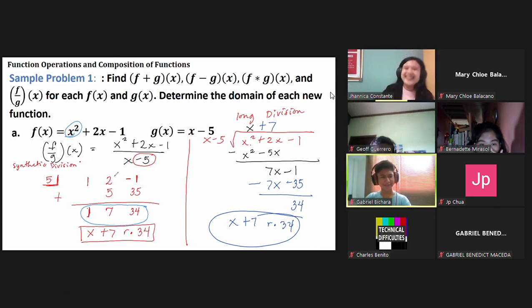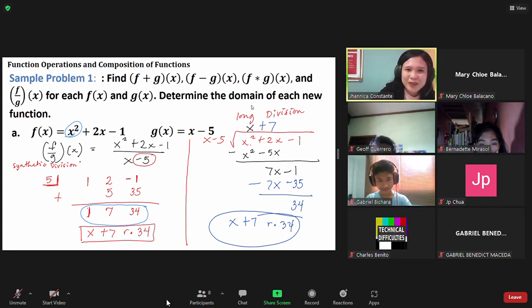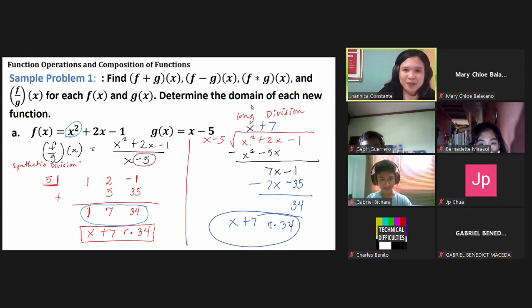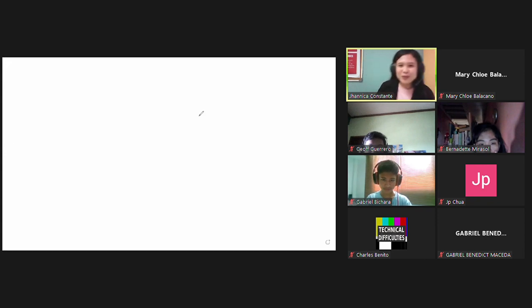Let's have an example of two functions wherein we're going to find the quotient, since it's harder for you to find the quotient of two functions.